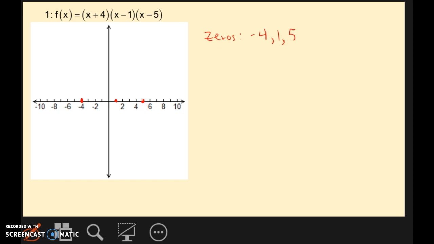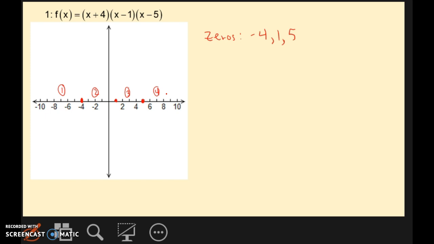We found the zeros at this point, but we haven't done a whole lot more. We want to get a nice view of what the curve should look like. What this has done is essentially set up 4 different regions for us. We've got region 1, 2, 3, and 4. So region 1 and 4 are on the ends, to the left of -4 and to the right of 5.